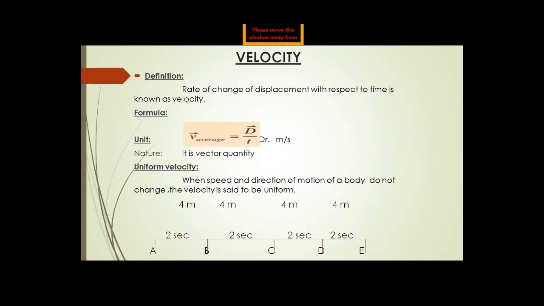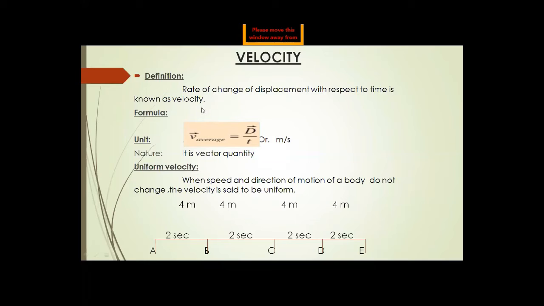So we can define: rate of change of displacement with respect to time is known as velocity. Here the most important thing is that we are using the term displacement, and displacement is a vector quantity. We are covering this distance in a particular direction in unit time, so that's why it becomes velocity.